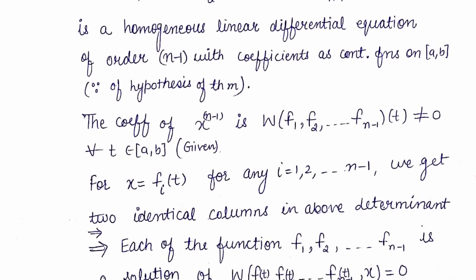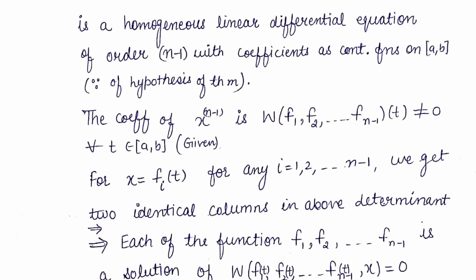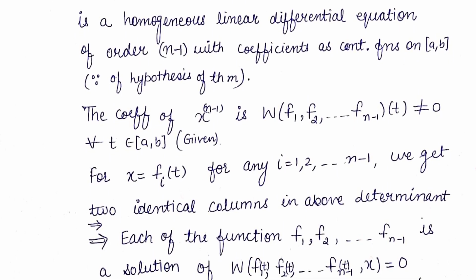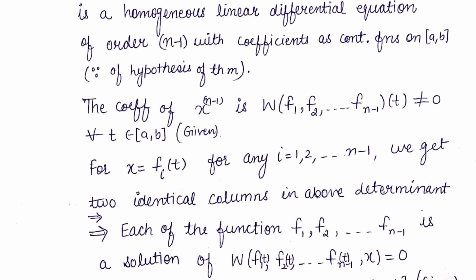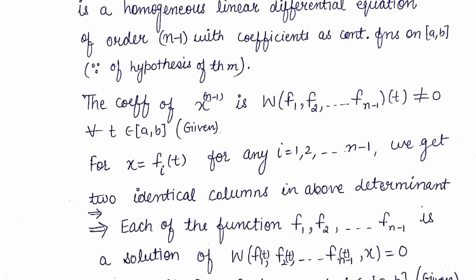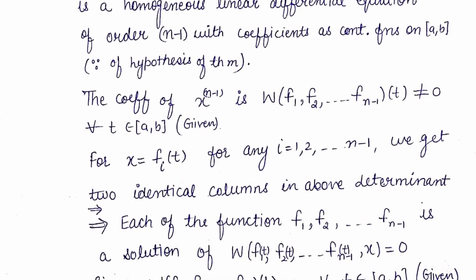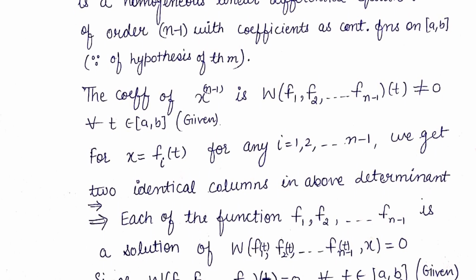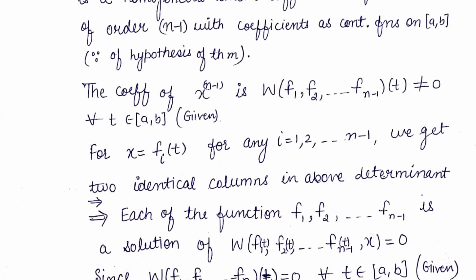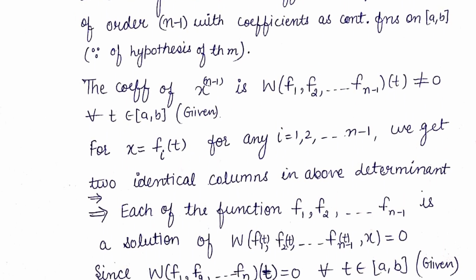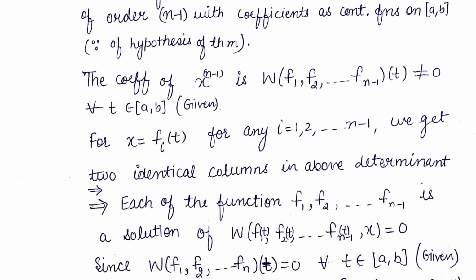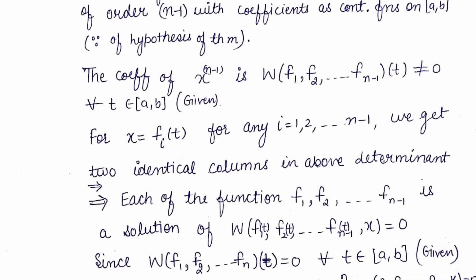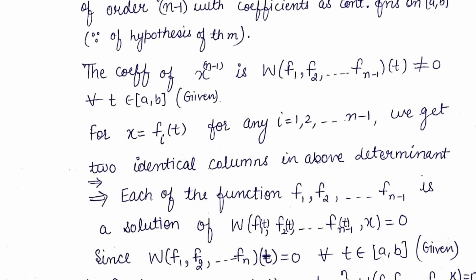If you put i equal to 3, then the third and the last column are identical, and so on. So all these functions f1, f2, up to f(n-1) are solutions of this determinant equation, and therefore we have n minus 1 solutions of this (n minus 1)th order determinant equation.